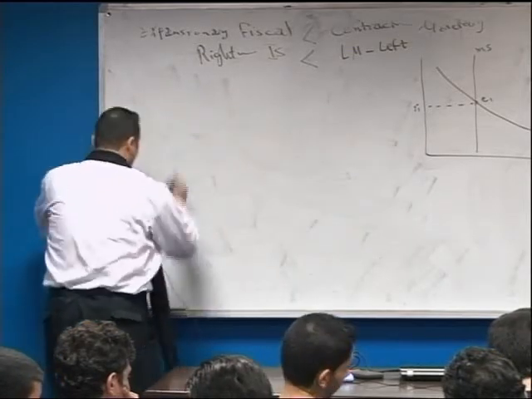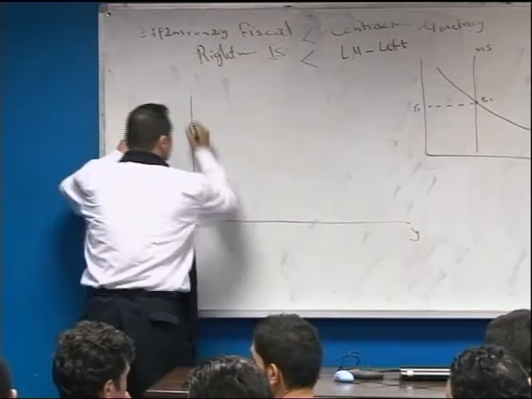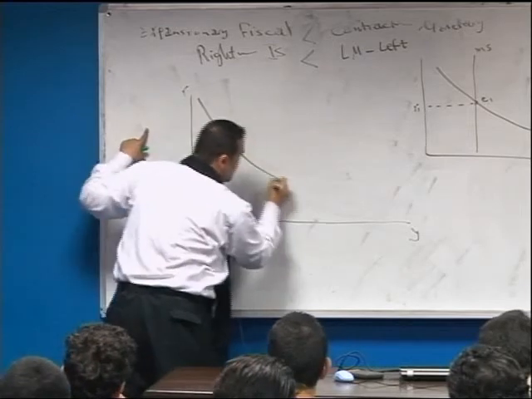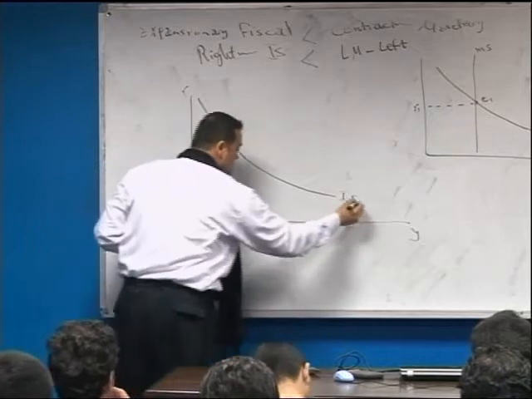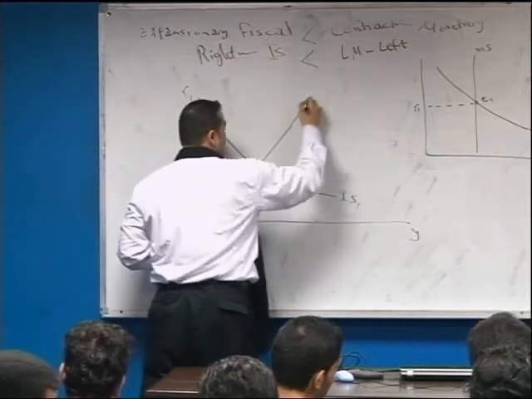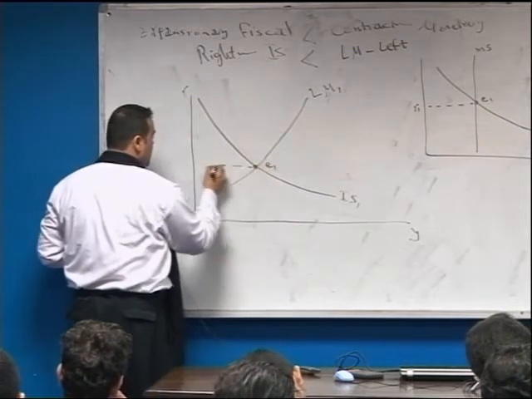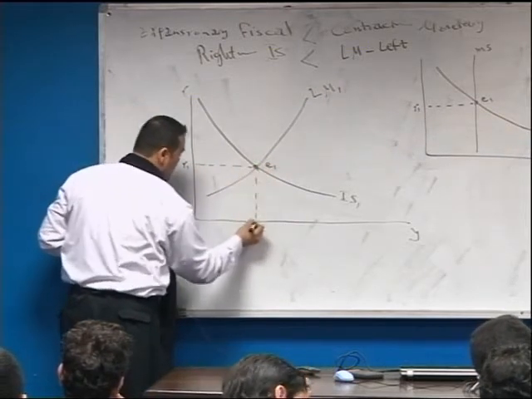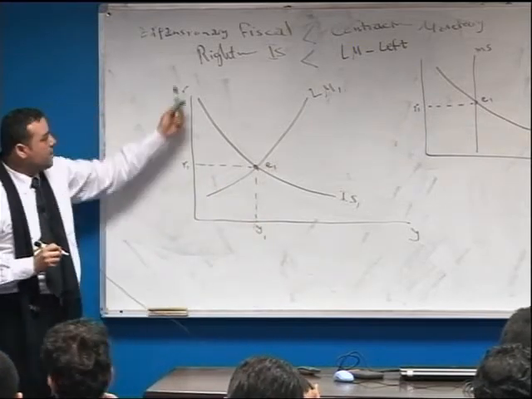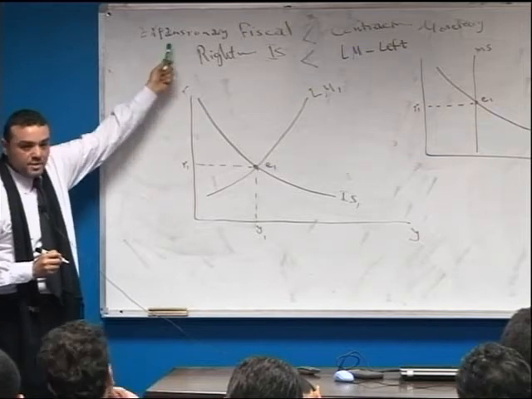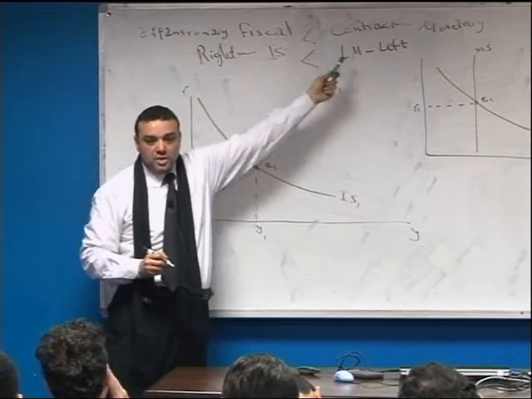So Y R IS 1 LM1 A1 R1 Y1. The assumption is we have an expansionary fiscal policy is smaller than the contractionary monetary.